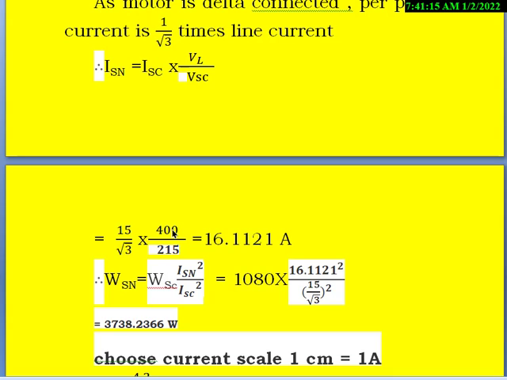And the normal voltage or rated voltage of the motor is 400 volts. If we apply the 400 volts, what is the short circuit current under normal voltage application? That is represented by ISN. So using this formula and substituting the values, we get 16.1121 amperes. And this is necessary to draw the circle diagram.